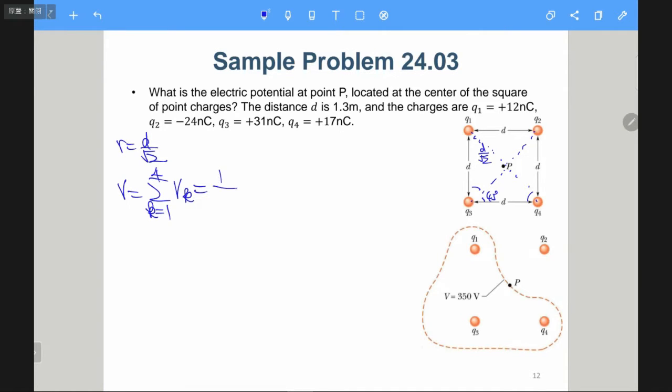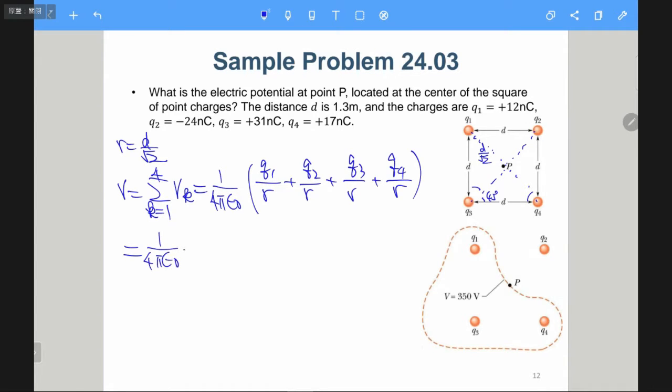So we have 1 over 4 pi epsilon naught times Q1 over R plus Q2 over R plus Q3 over R plus Q4 over R. So we can factor out the 1 over R. We have 1 over 4 pi epsilon naught, times 1 over R, where R is D over square root of 2, times Q1 plus Q2 plus Q3 plus Q4.